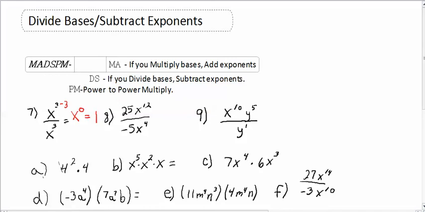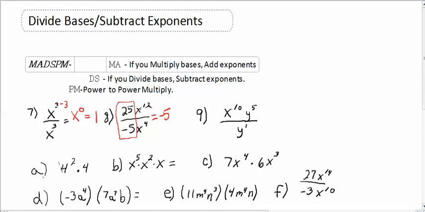Okay, the next one, we have 25 x to the 12th over negative 5 x to the 4th. First of all, let's deal with the numbers. If you have numbers, deal with those first. Negative 5 will go into 25 negative 5 times, and now we have the same base, which is x, and it's dividing, so now we're going to subtract.